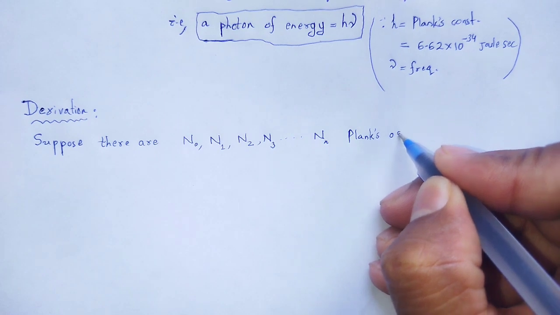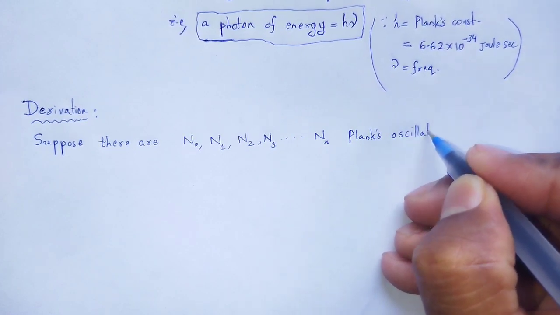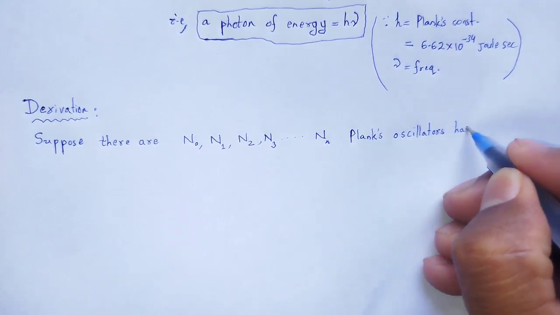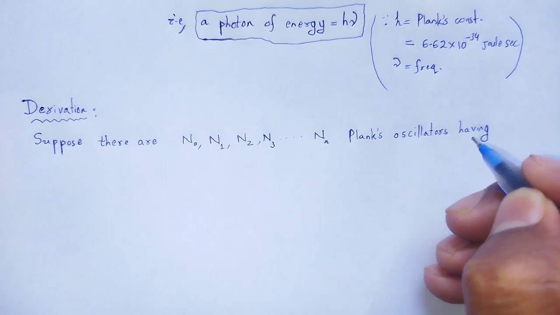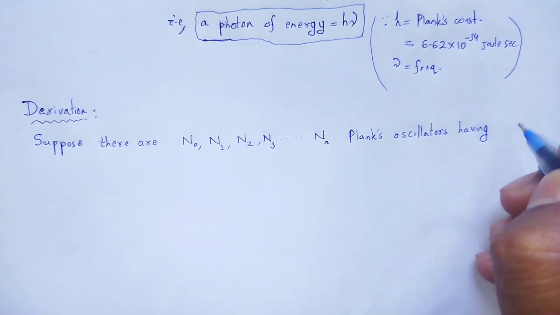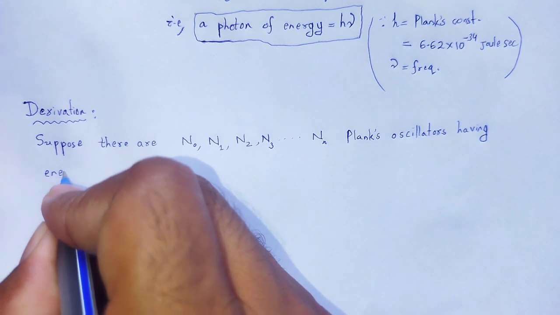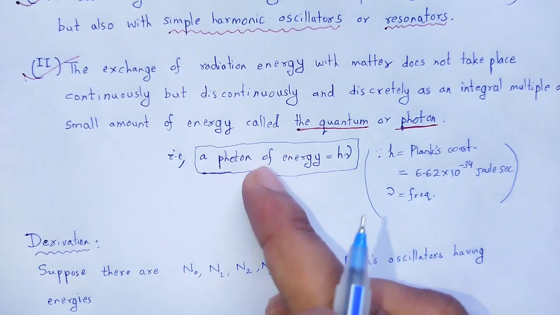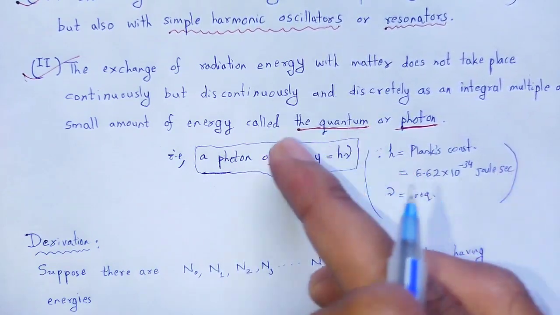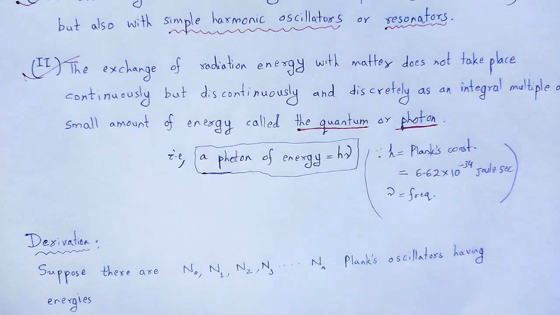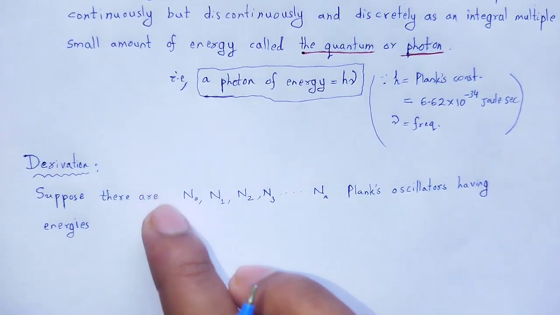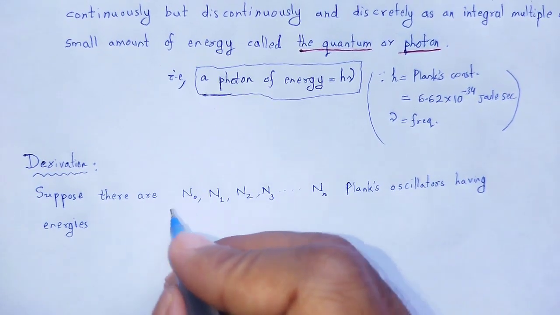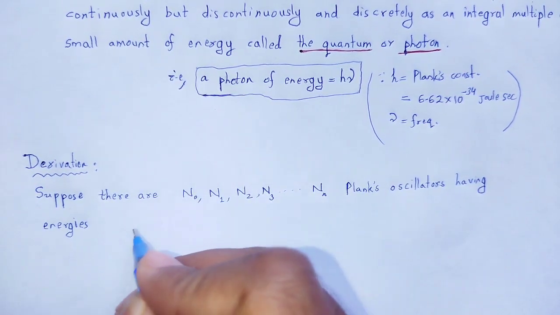Planck's oscillators, or resonators, having energies, as in its second hypothesis, that energy is the integral multiple of a small amount of energy, which is called the quantum or photon of energy. Let N0 number of such Planck's oscillators have energy, let 0.